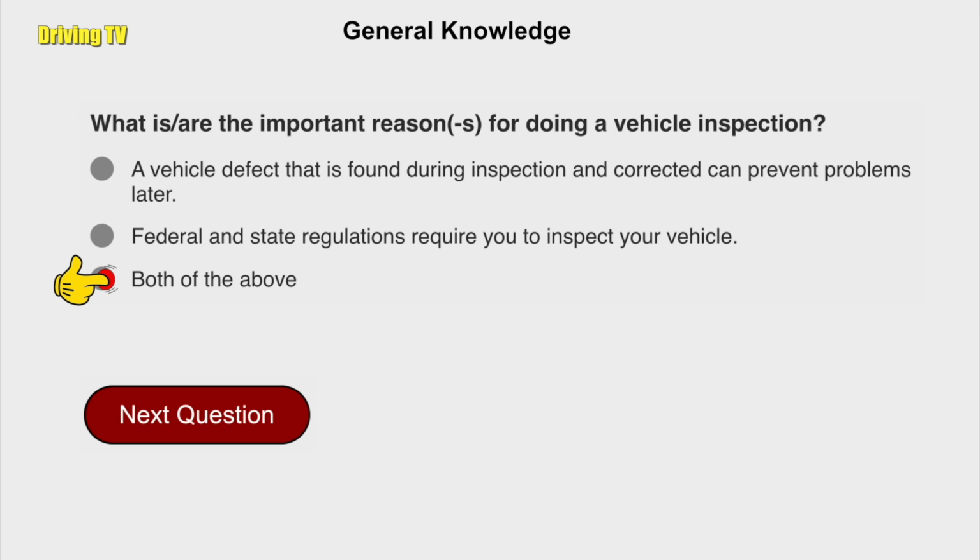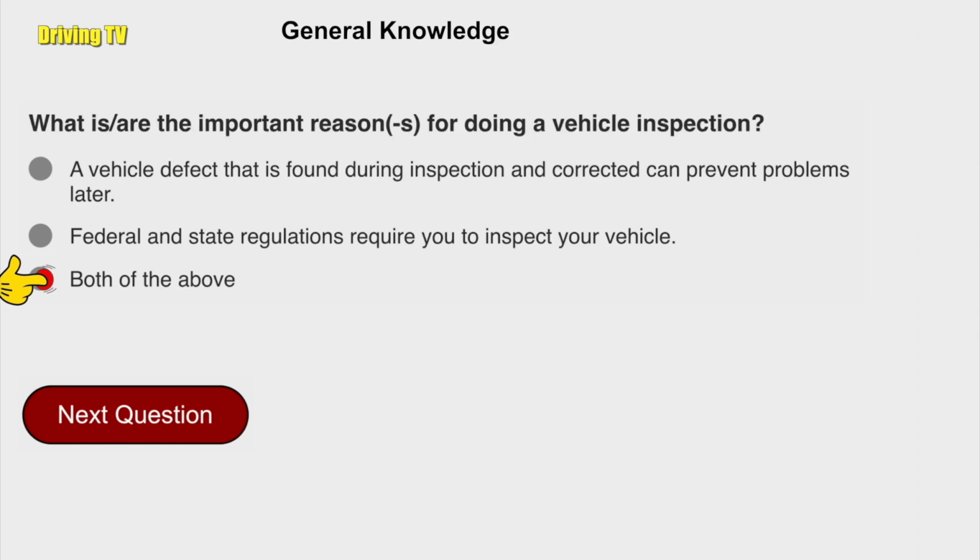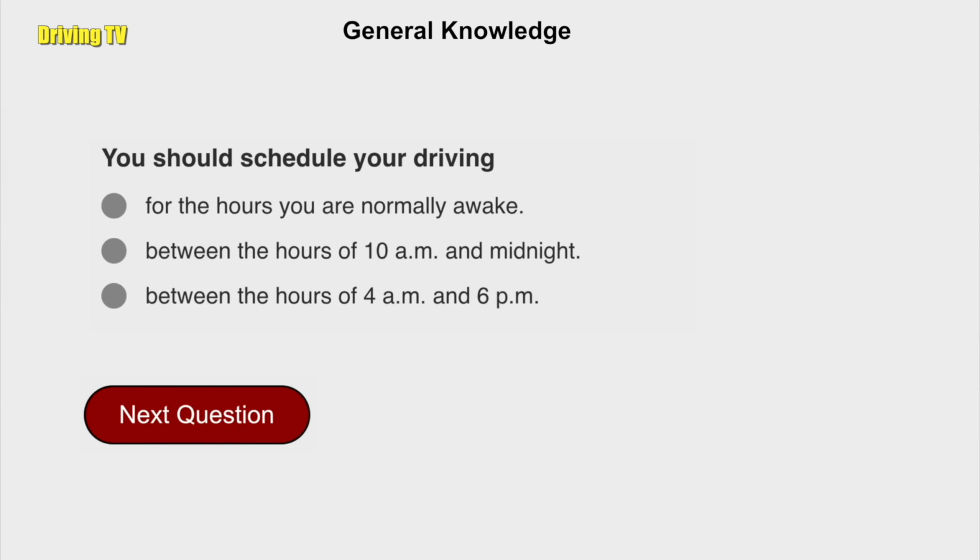A vehicle defect that is found during inspection and corrected can prevent problems later, and federal and state regulations require you to inspect your vehicle. You should schedule your driving for the hours you are normally awake.